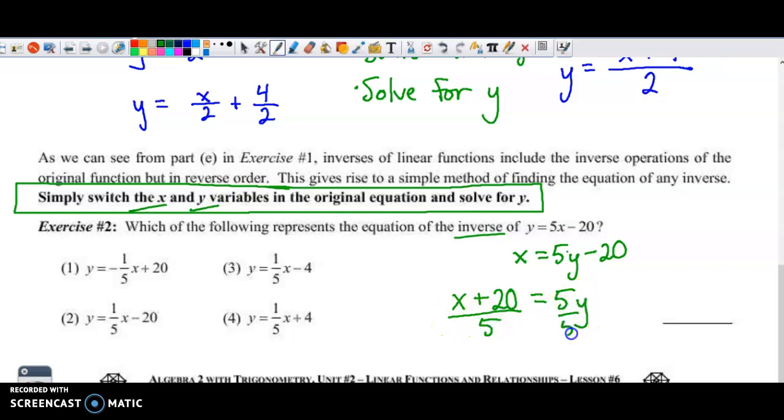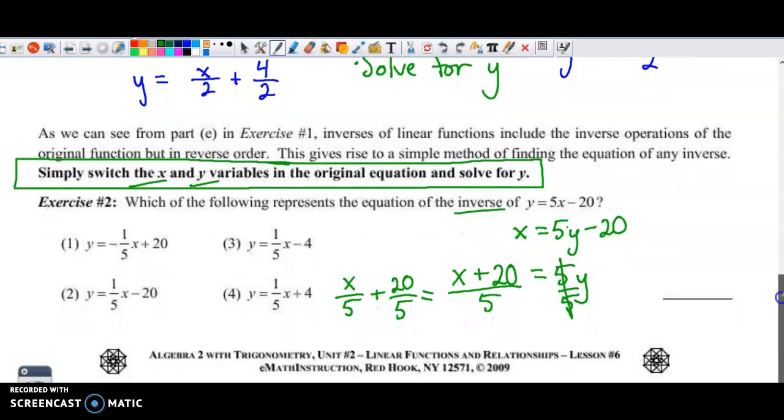Now, if you notice, none of my answers are simplified like that. So another way of doing this is dividing each piece by 5. And you never know what I'm going to ask you to do, so you might have it written in a lot of different ways.